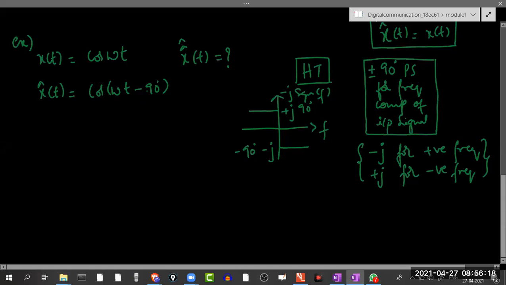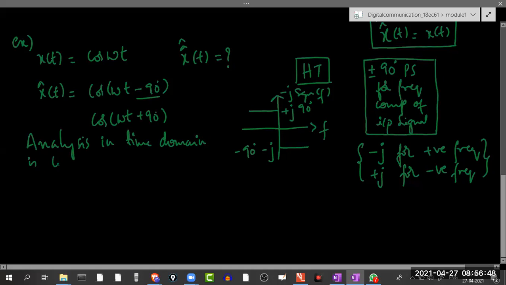So x cap of t can be thought of like this, but we don't know where exactly this cosine function is starting. So we cannot exactly say whether it's negative 90-degree or whether to substitute cos omega t plus 90-degree. So analysis in time domain is quite confusing.